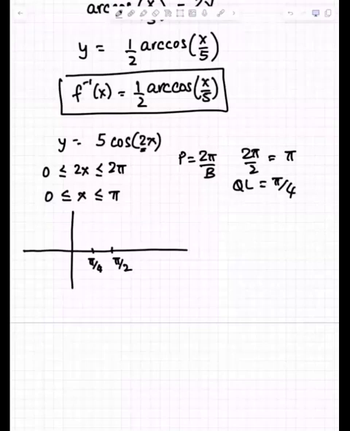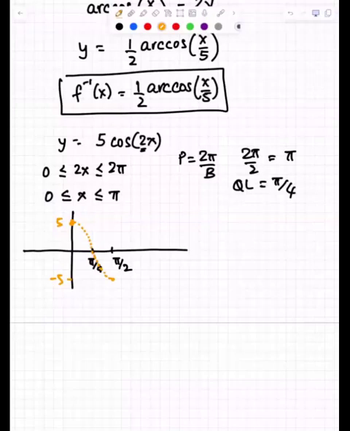I'm going to draw a cosine graph with 5 here. That's it. First quadrant down to the middle, second quadrant down to the bottom. And as you can see, we've completed one cycle.